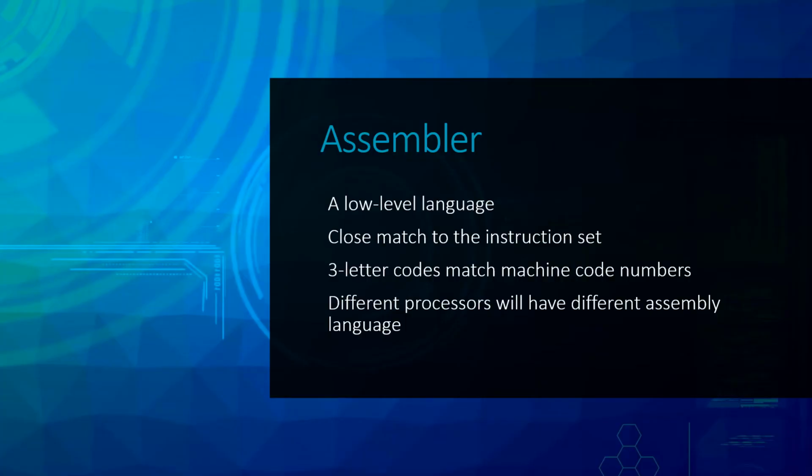An assembler is used to convert a program written in a low-level language, specifically assembly language. Assembly language is very close to the instruction set. It consists of short codes, usually three-letter codes, that match the machine code numbers very closely. Different processors use different assembly languages.